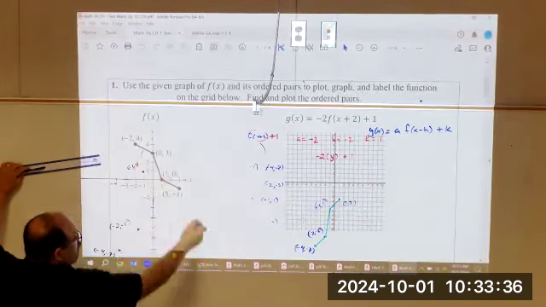Multiply this 0 times -2, we're still at 0. And then we add 1, so it shifted up 1. This 3, -1. Went 2 to the left, we're at 1. -1 times -2 became +2. And then it shifted up 1, moved up to 3. It stretched, it flipped, and it shifted. Left and up. One thing at a time.